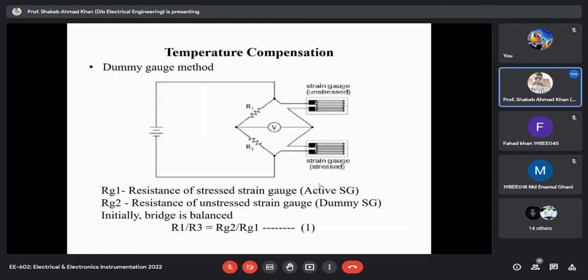So this means if there is any change in resistance of the strain gauges because of the change in temperature, the bridge will not respond to that. And obviously, if there is a change in resistance of the active strain gauge because of the strain, then you will get the output. So this is fine to all of you.